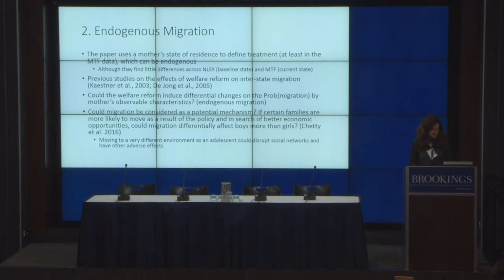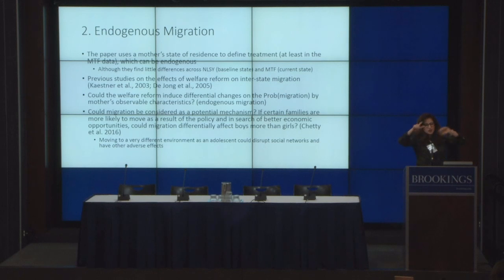for these changes. Regarding previous studies on the effects of the welfare reform on interstate migration, some papers have actually found some significant effects. And I was thinking that migration could also be a potential mechanism.